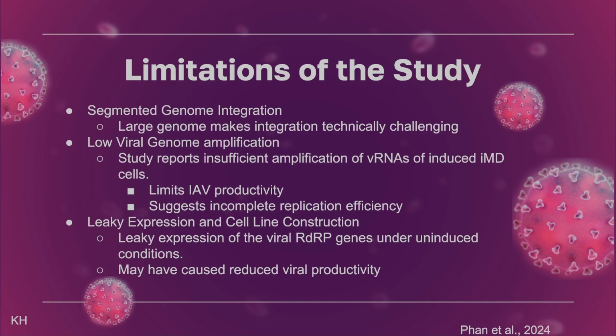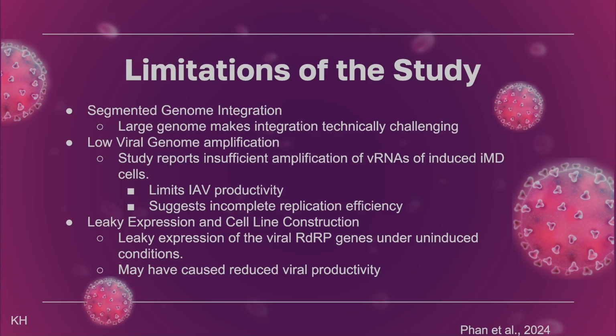Finding the right area to integrate specific genes or production genes, right, and incorporating these multiple gene segments into the host cells specifically can be complex and lead to insufficient viral production, and can also impact the cell's structural stability. So overall, that had a huge impact on the study.